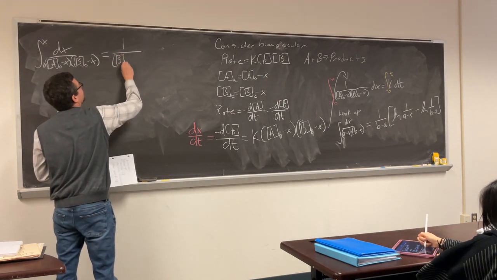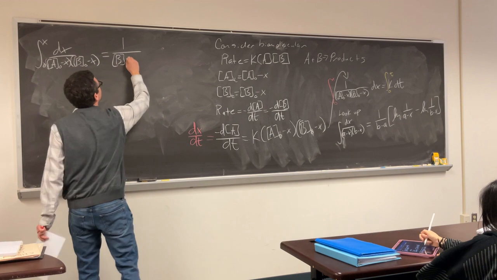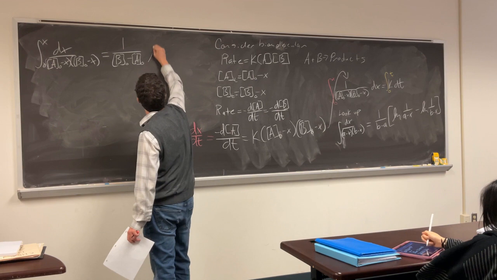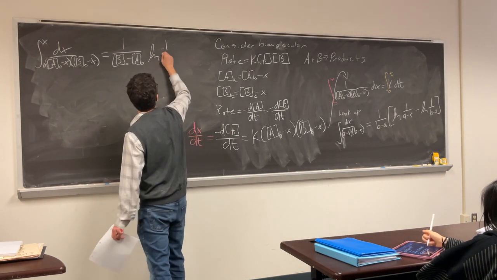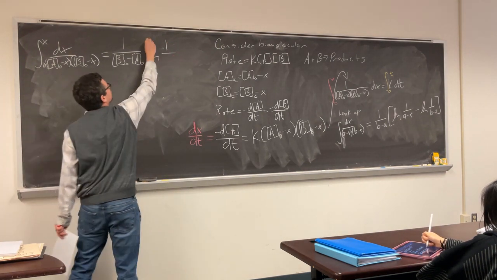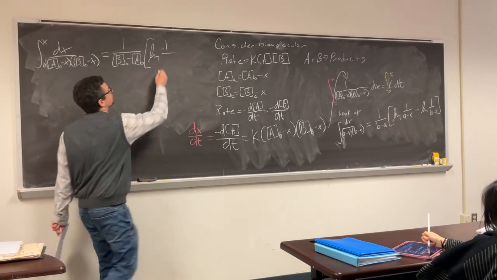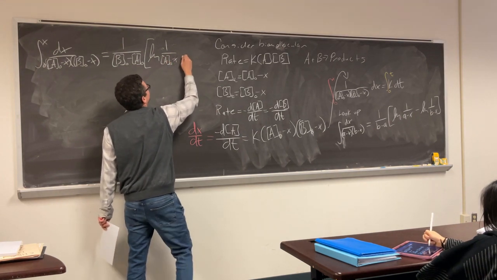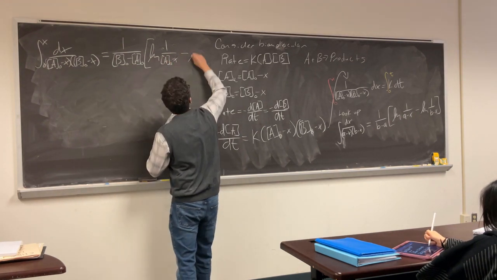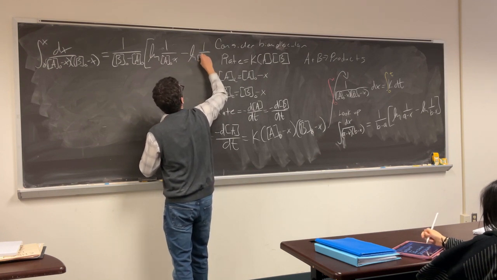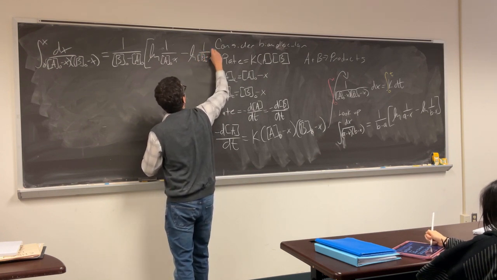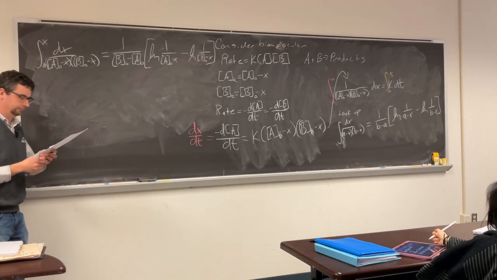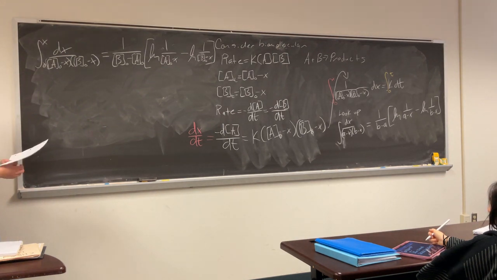Yep. 1 over (B naught minus A naught) times [ln of 1 over (A naught minus x) minus ln of 1 over (B naught minus x)]. Okay.